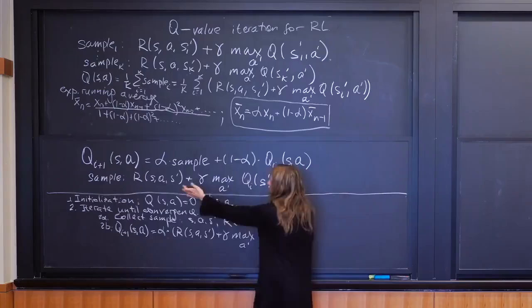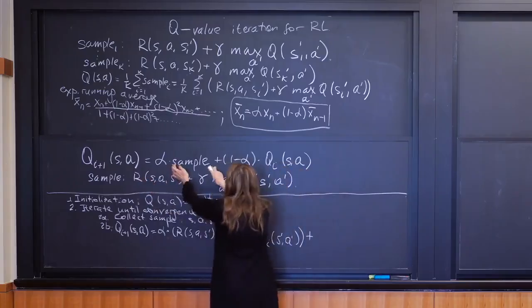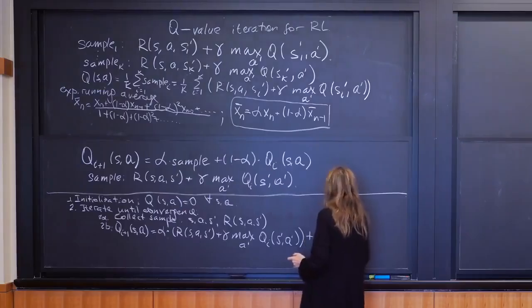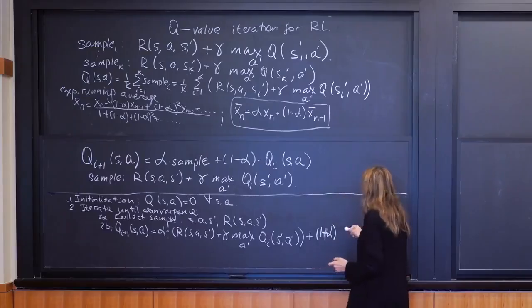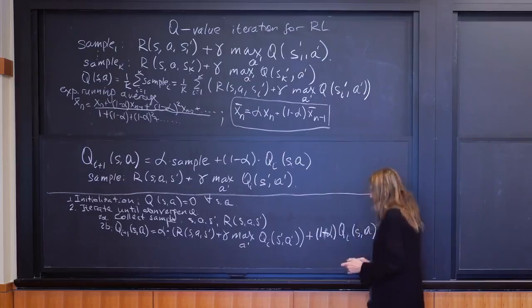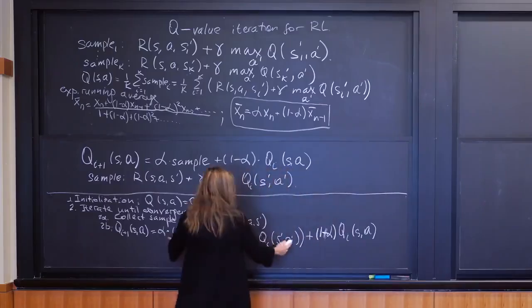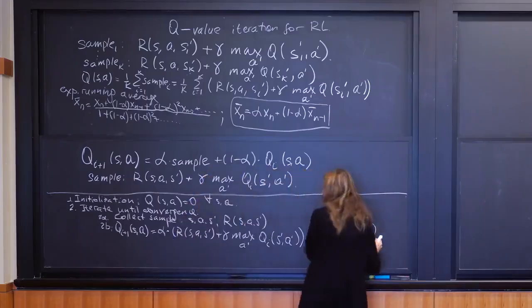So here I just plugged in the sample, plus 1 minus alpha, Qi(s, a). Okay, let's just check the parens. So this is the first one, this is the second one.